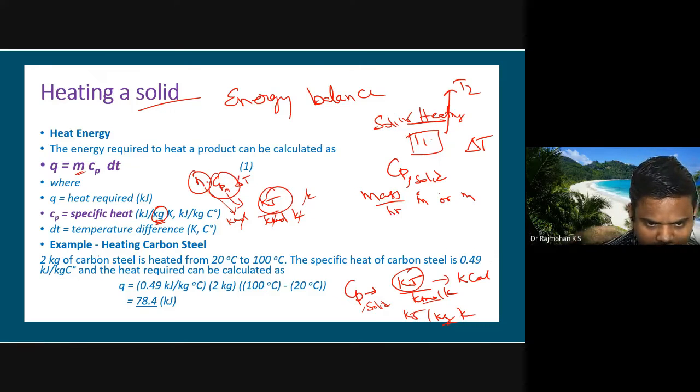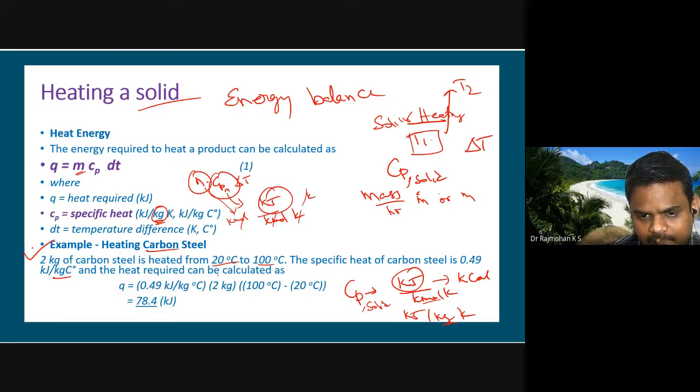For example, consider a problem of heating carbon steel: 2 kg of carbon steel is heated from 20 degrees Celsius to 100 degrees Celsius. The specific heat of carbon steel is given as 0.49 kilojoule per kg degree Celsius.